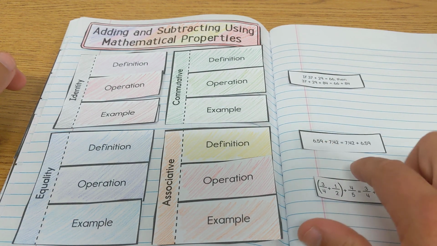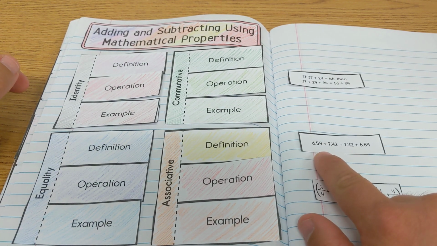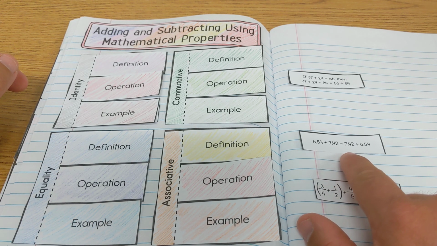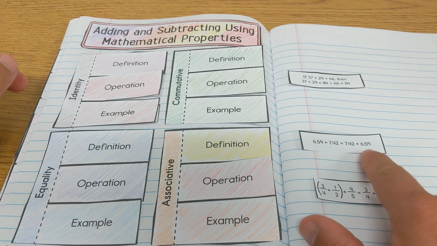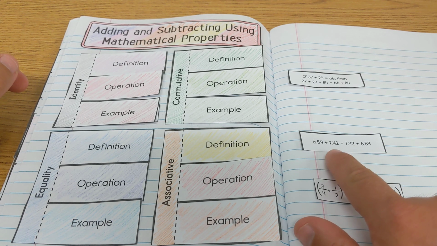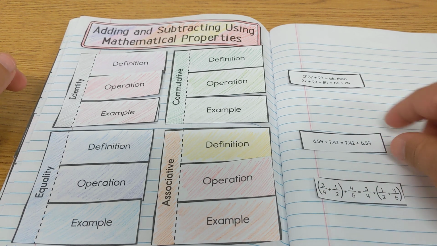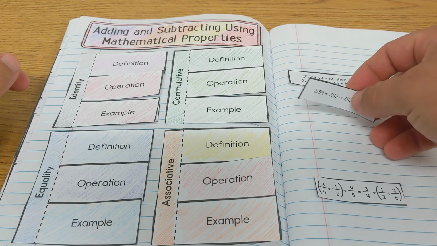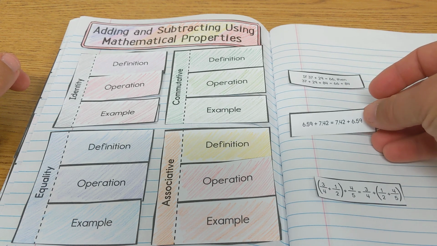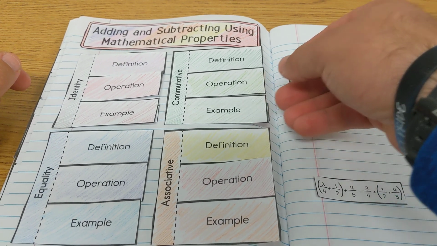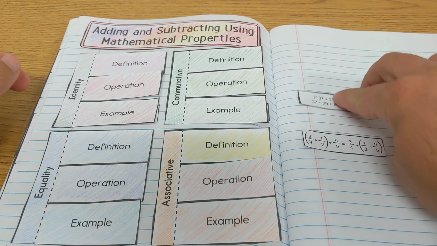Okay, so this one, we have 6.59 plus 7.42 is equal to 7.42 plus 6.59. Well, those have the same numbers, and there's two of them. And what did they do? They just switched the order that they were in. And there's no parentheses grouping anything differently. Okay, so that's going to be the example for commutative.